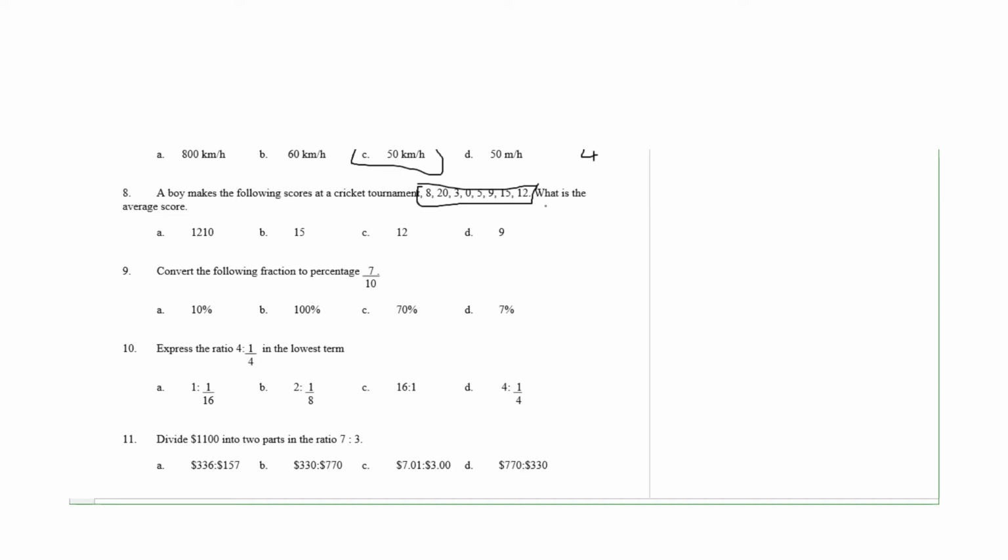So that would be 8 plus 20 plus 3 plus 0 plus 5 plus 9 plus 15 plus 12 equals 72, divided by 1, 2, 3, 4, 5, 6, 7, 8, divided by 8. And 72 divided by 8 gives us 9.